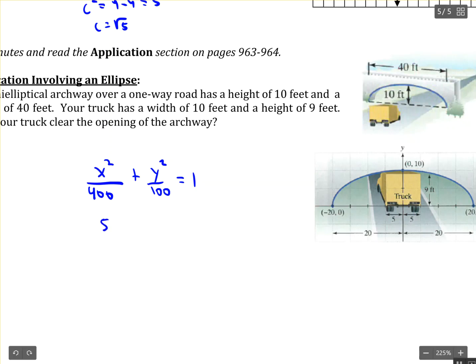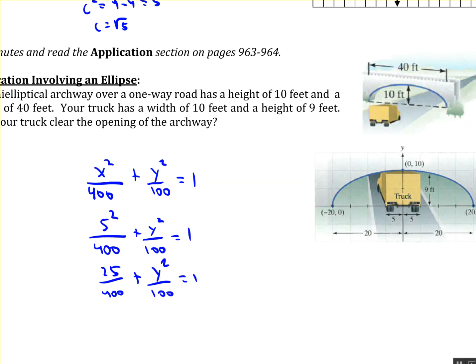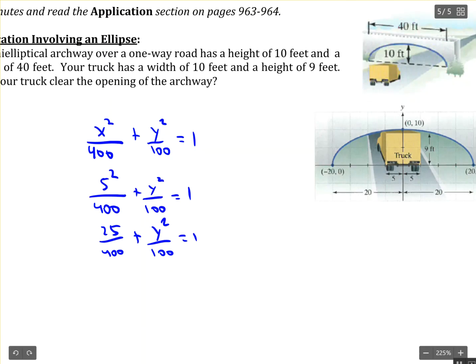So 5 squared over 400 plus y squared over 100 equals 1. So I get 25 over 400 plus y squared over 100 equals 1. Now divide top and bottom by 25 just to make it a little bit easier. So we end up with 1/16.